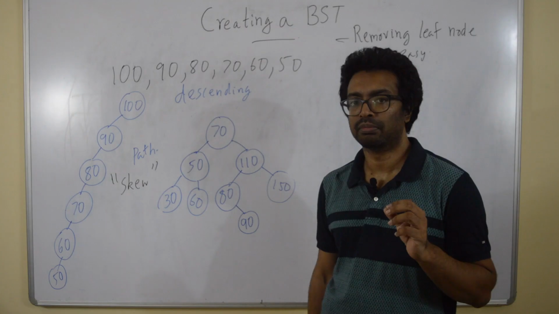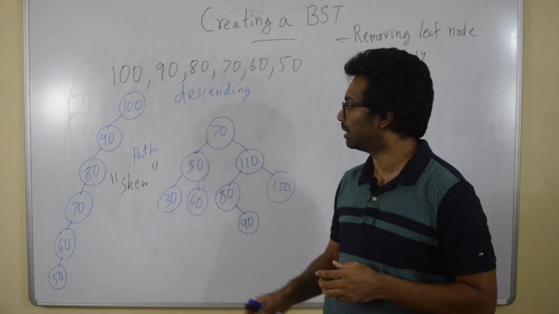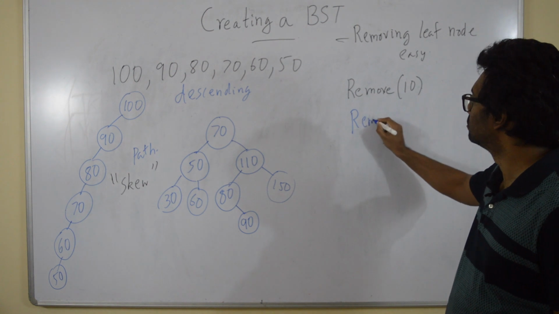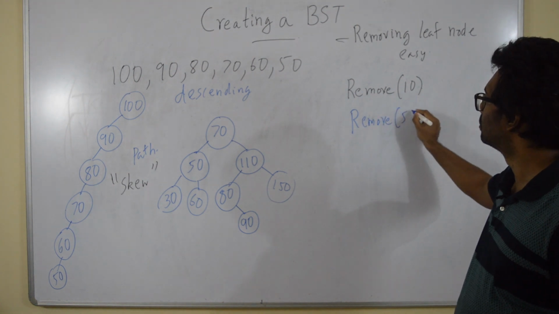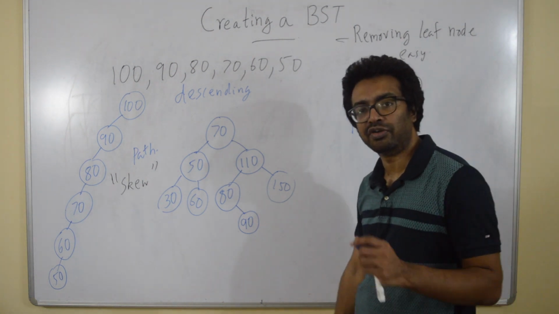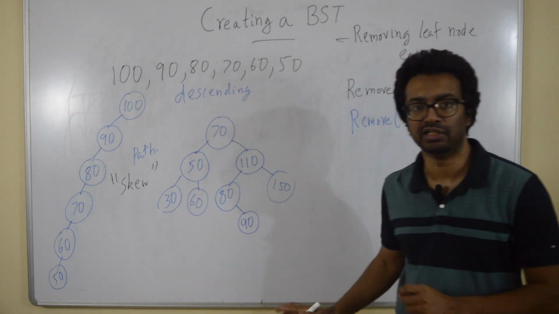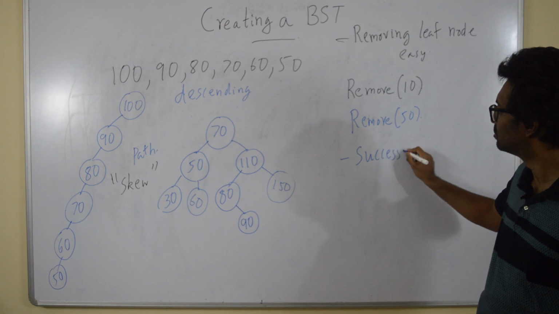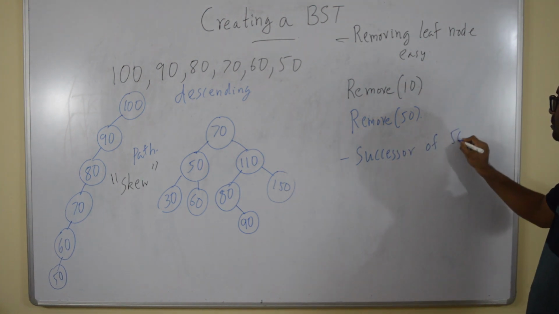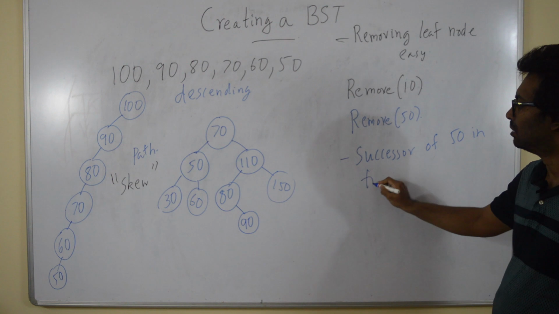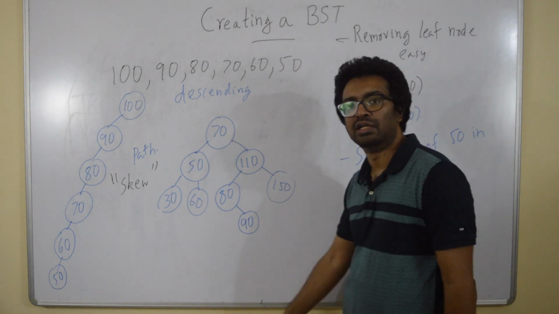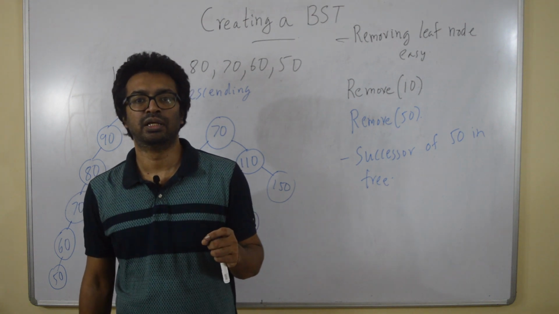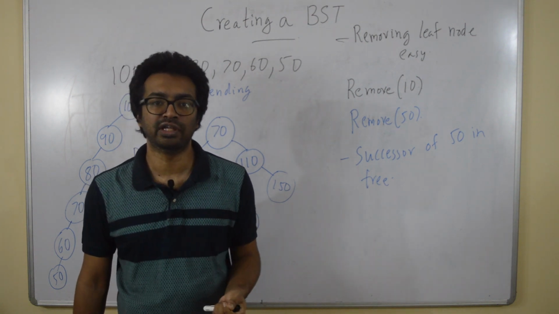But here is the idea. I am interested in removing 50. What we do is we find out the successor of 50 in this tree. What do I mean by successor of 50? The successor of this number is a number greater than 50.